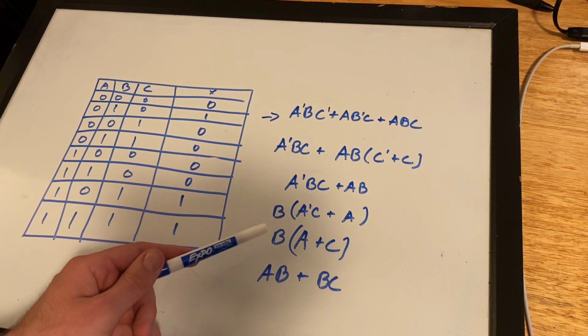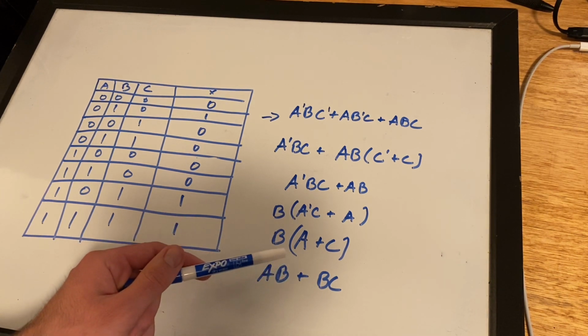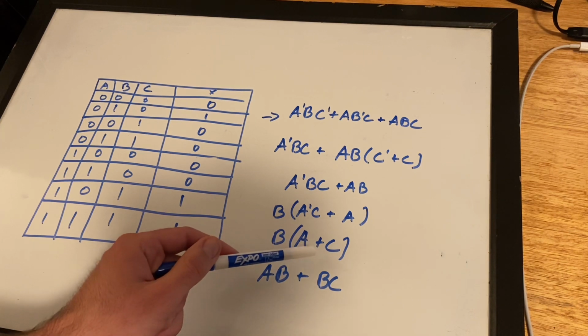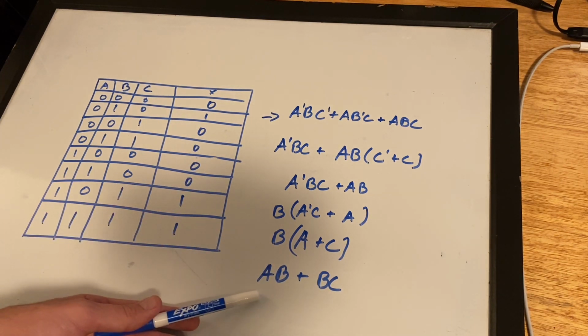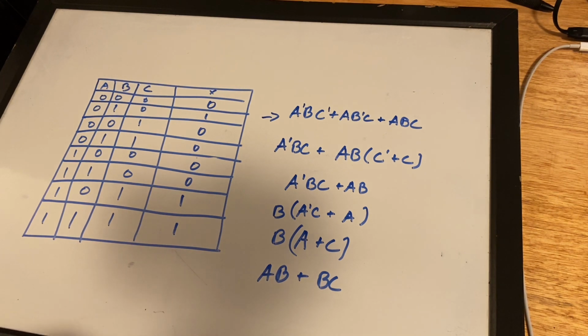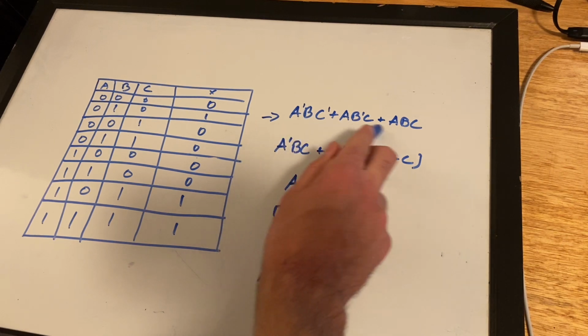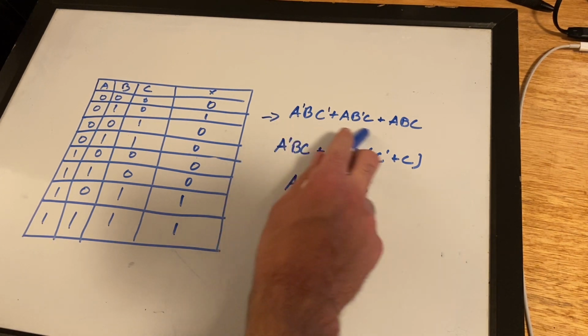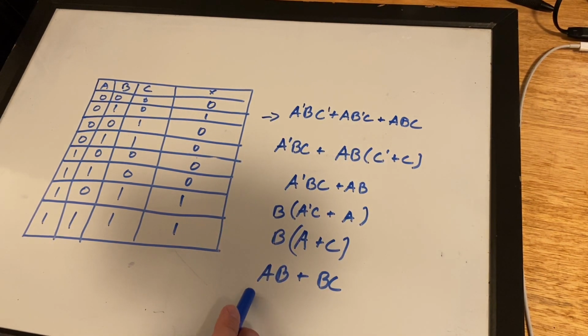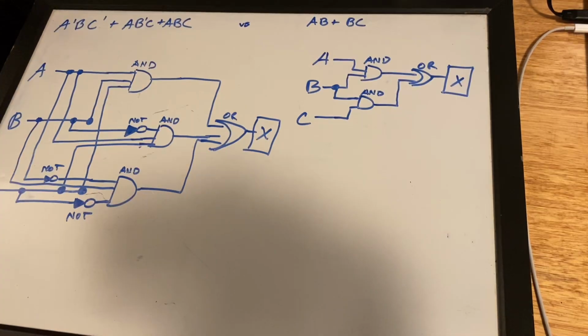Because of that not A right there, we get the product of not C, A or C times B, or B. And then we get the result of AB plus BC. So you can see right here, we're already going to take a quick guess and say that it's a lot more complex to model a circuit up here than the equation right here. So we're going to do that right now.